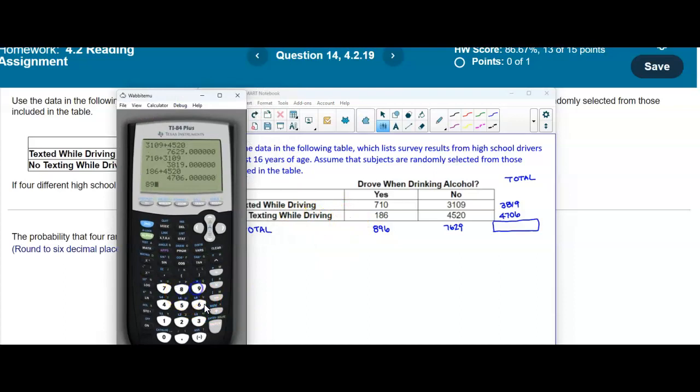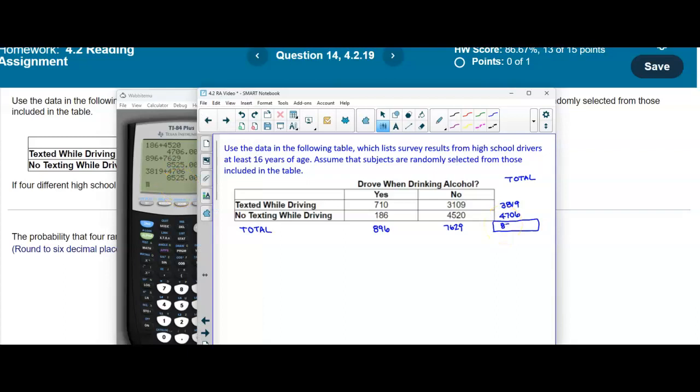If we take 896, we add 7629, that gives us a total of 8525. If we add those numbers down, 3819 plus 4706, again it gives us a total of 8525. So therefore that is the total.